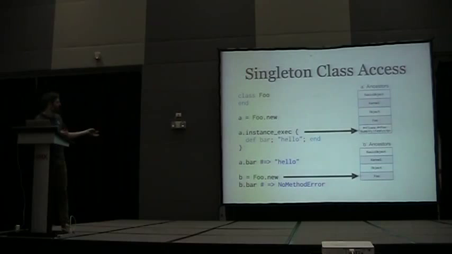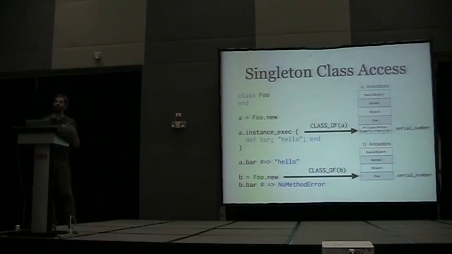So you know that A was an instance of foo, but as soon as we did instance exec, or accessed that Singleton object, now it's actually an instance of a Singleton class that inherits from foo. So B, this bottom one, inherits from foo, where A inherits from an anonymous class that inherits from foo. So when we access the class of, it is going to return either the Singleton or the actual class. And if you look in Ruby's source code, you'll see that this is referred to as the real class. So the real class is either the Singleton or it's the actual class itself.